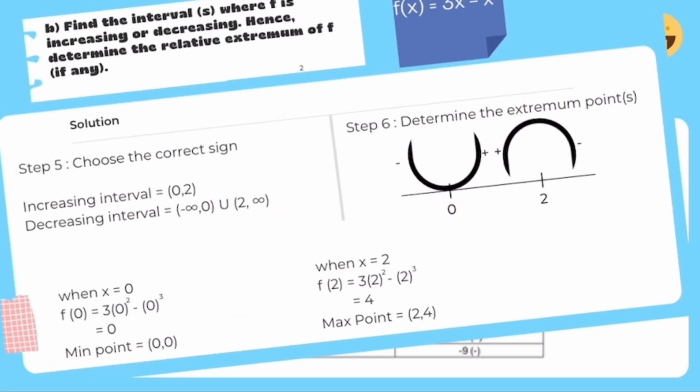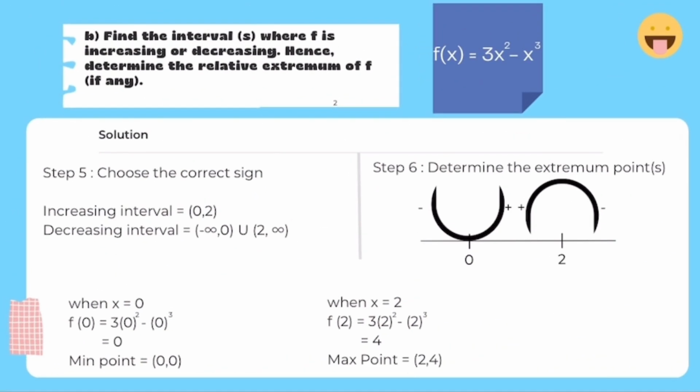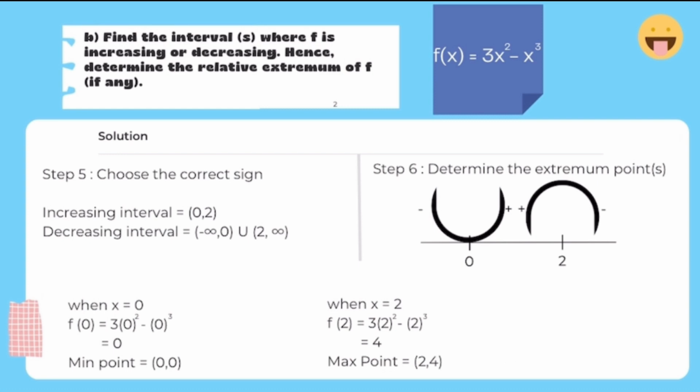Step 5 is to choose the correct sign. As you can see from step 4, after the test values are substituted into the differentiated function, we get the sign of positive or negative for each interval.